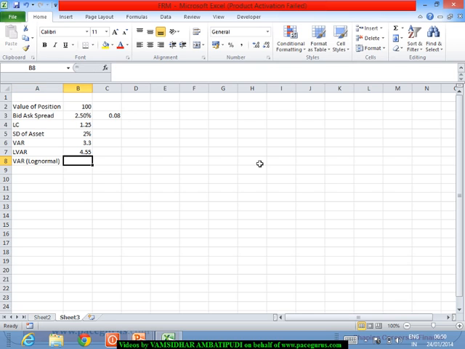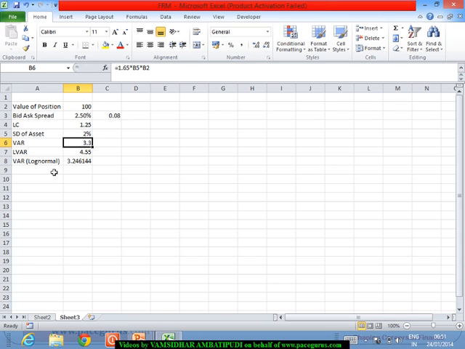It comes out as 1 minus e to the power of minus sigma times Z alpha, 1.65, multiplied by V. This is my log normal VaR, which is slightly lesser than the regular VaR in this case.